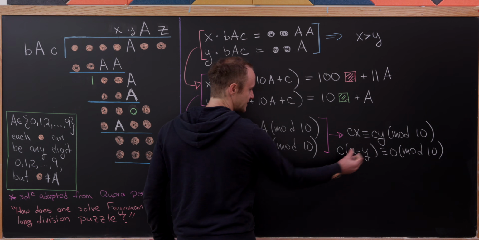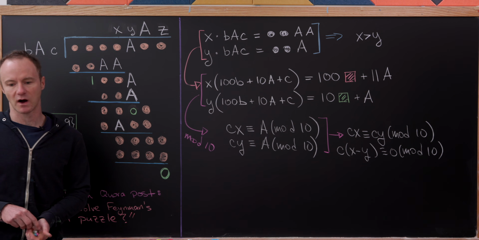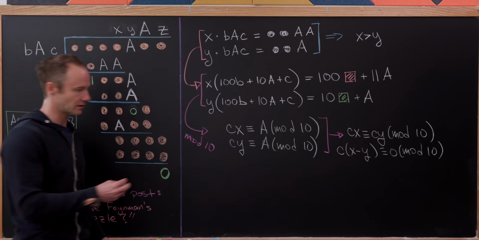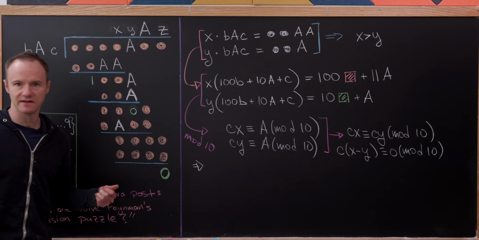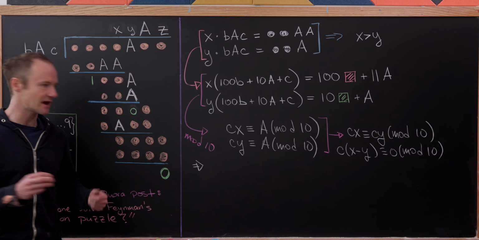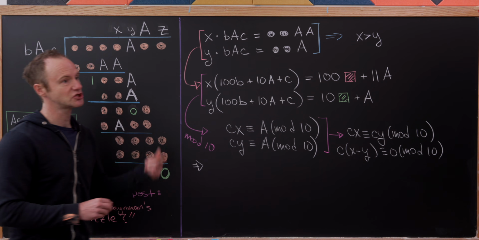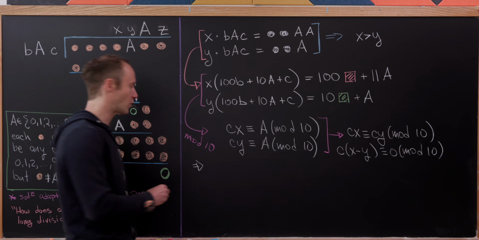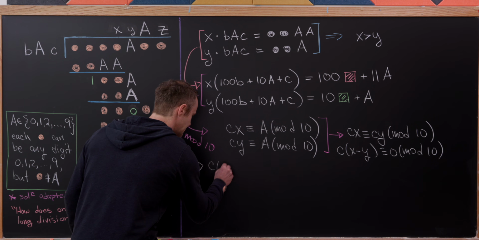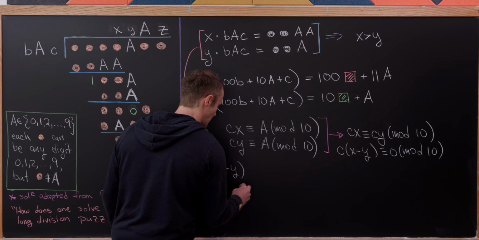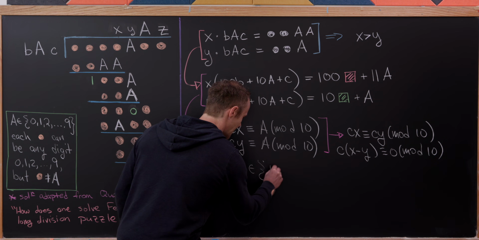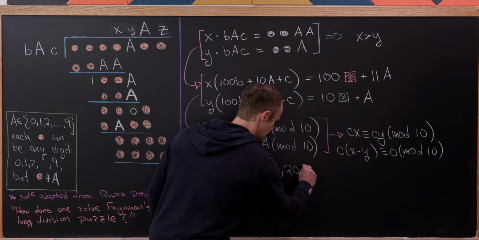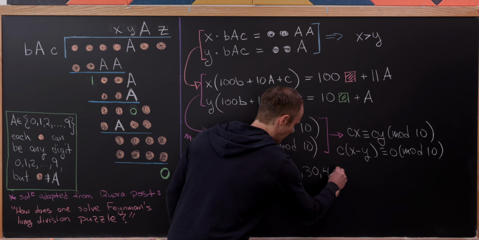Because this c is a one-digit number, and this x minus y is also a one-digit number. Okay, so what are those multiples of 10 that you can get at from that setup? Well, they are 10, 20, 30, and 40. So that means we have c times x minus y must come from the set 10, 20, 30, and 40.